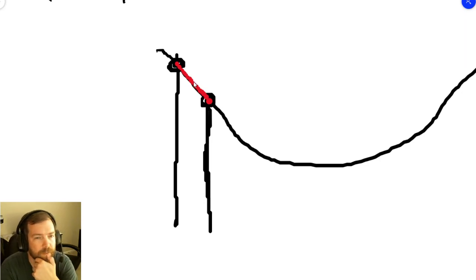The parabolic trajectory, on the other hand, would say, what would happen if we had something that looked, roughly speaking, like this.